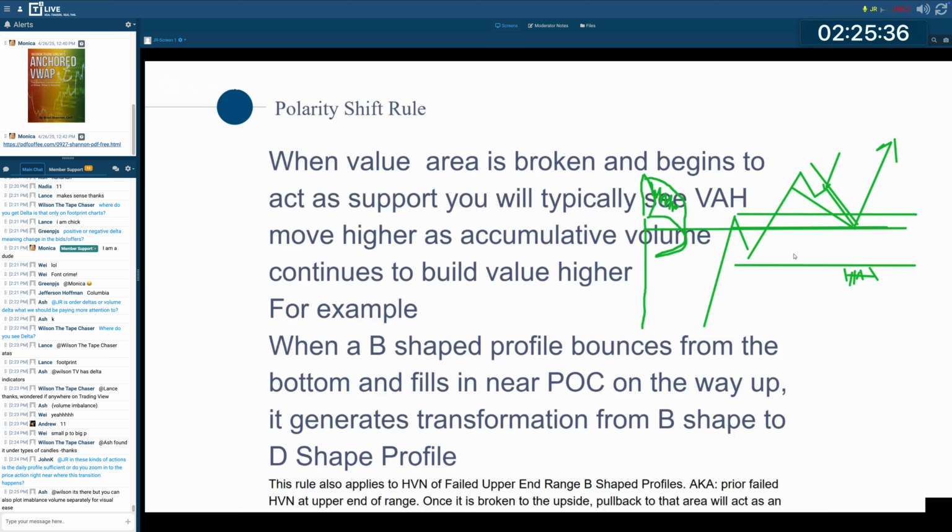And these kinds of actions in the daily profile, is that sufficient, or do you zoom in to the price action right near where the transition happens? They're both super important. We're going to get into the 3-day rule, John. When I'm looking at sequences, I will always look at the distribution tops and the accumulation bottoms.